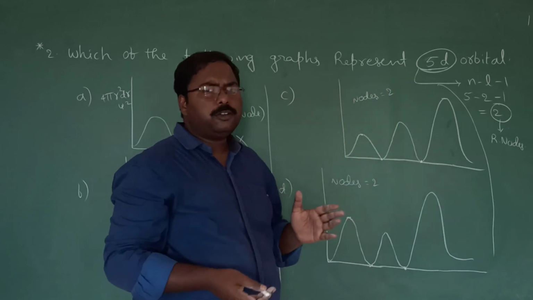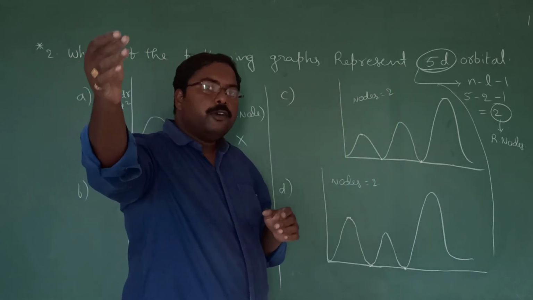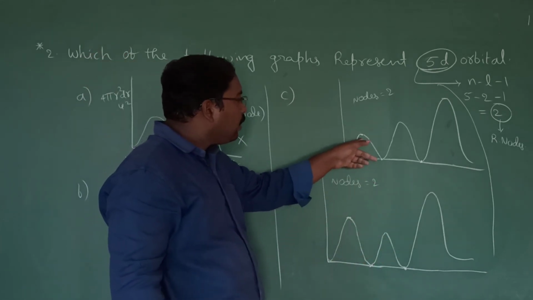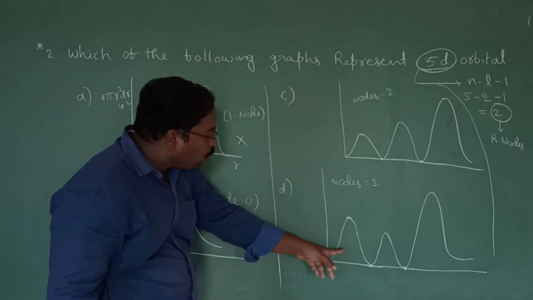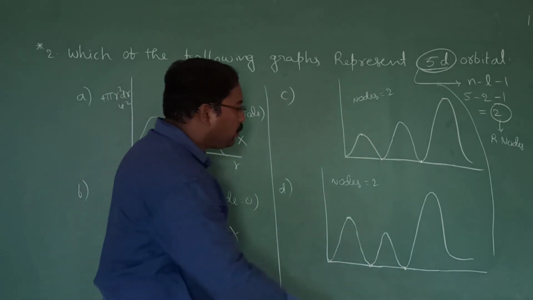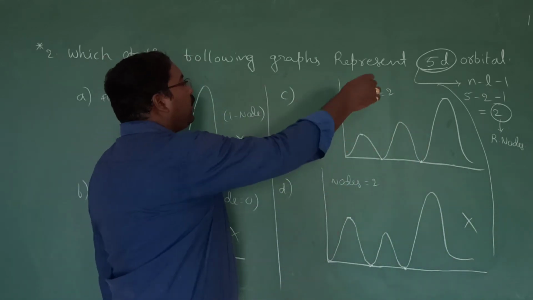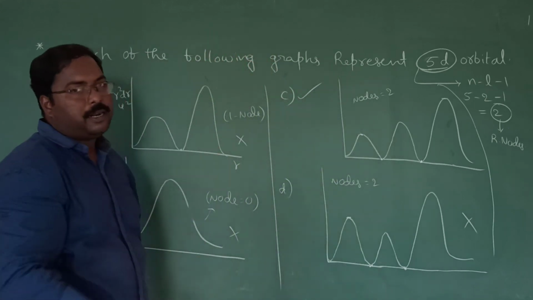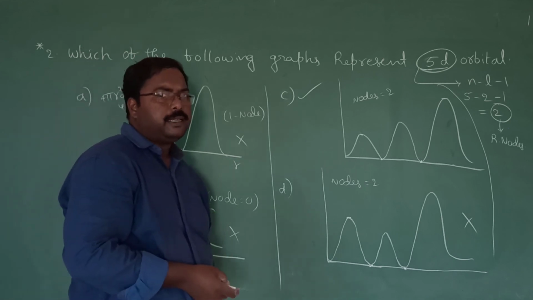It is a simple thing to understand. When you are in the fifth orbit, your density in the first orbit is less. So close to the nucleus, the probability of finding the electron is less. But in the fourth option, they gave it maximum. So that's why this graph is also wrong. So the graph which represents the 5d orbital is option C. Understood? It is not a difficult thing.